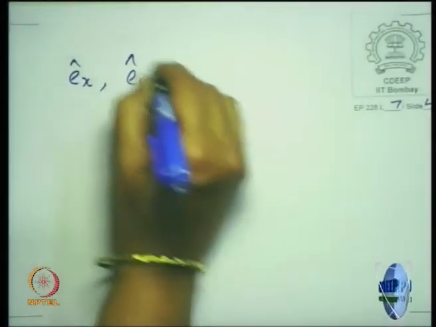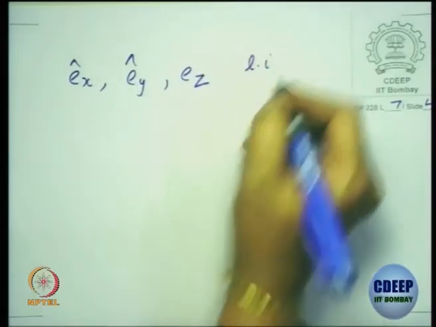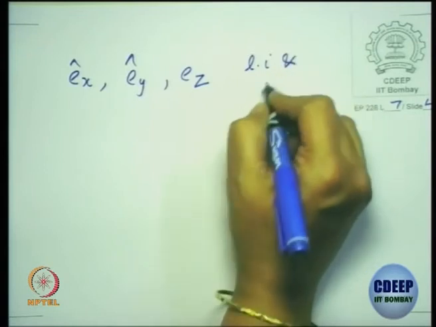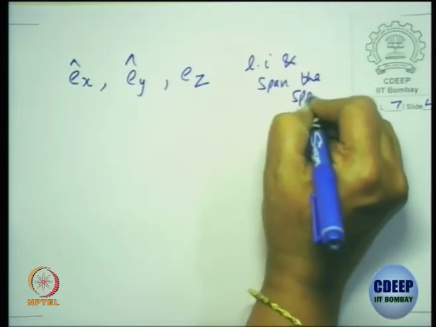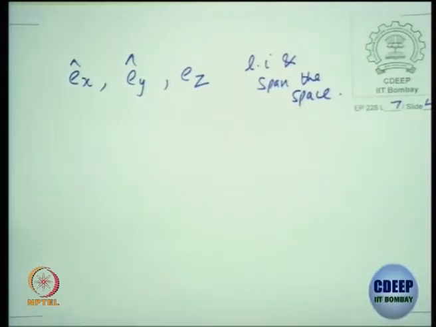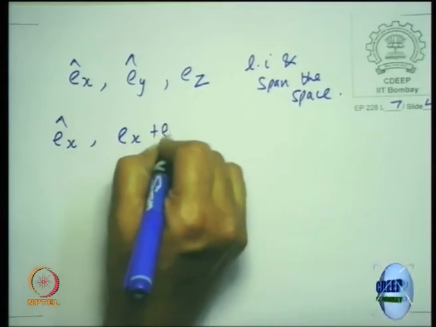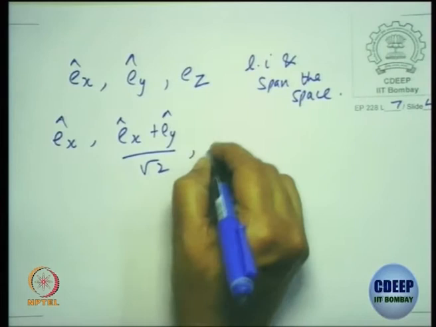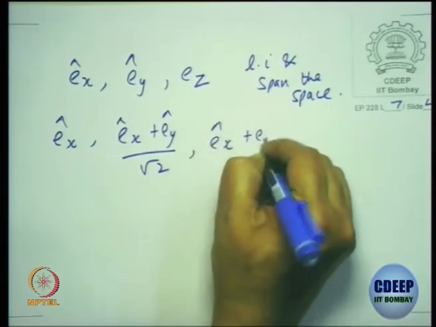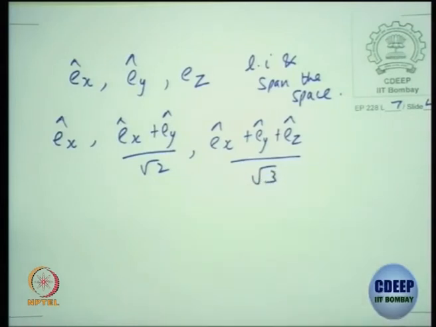You could have Ex, Ey, Ez. I will put L.I. for linearly independent and span space. You could also have something else like Ex plus Ey by root 2, Ex plus Ey plus Ez by root 3.